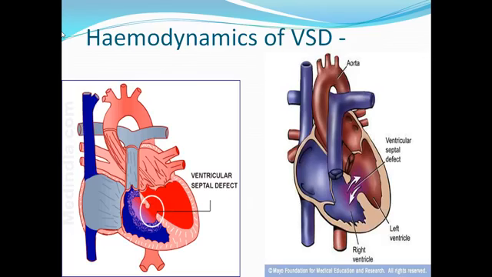There is Eisenmenger syndrome, and the shunt is reversed, a right to left shunt occurs, and then there is cyanosis. When Eisenmenger syndrome has developed, cyanosis occurs.